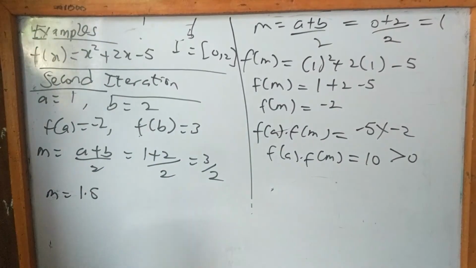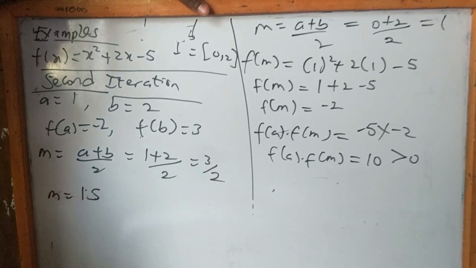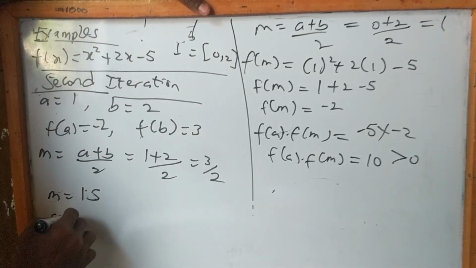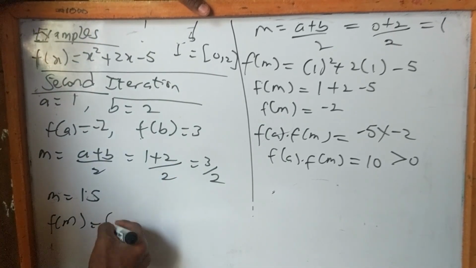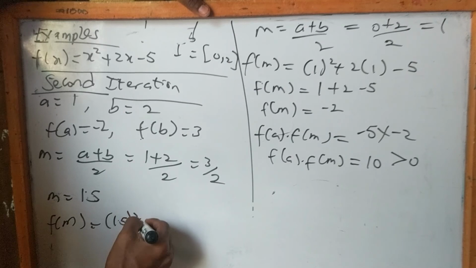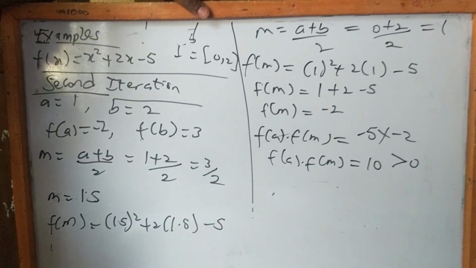So that's good. Let's find our f of m for this second iteration. For this second example, we'll stop at iteration 2 now. I told you the result, if you were told to stop at a particular iteration, your root is going to be the value of m at that iteration.